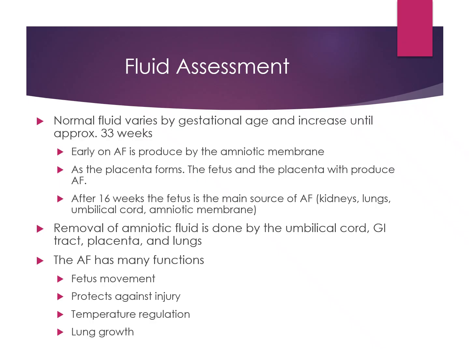And so the fetus and the placenta will start producing the AFI. After 16 weeks, the kidneys and the lungs are going to come in and really get to producing that, as the baby urinates and then breathes it in through the lungs and then urinates it back out from production of the kidneys.